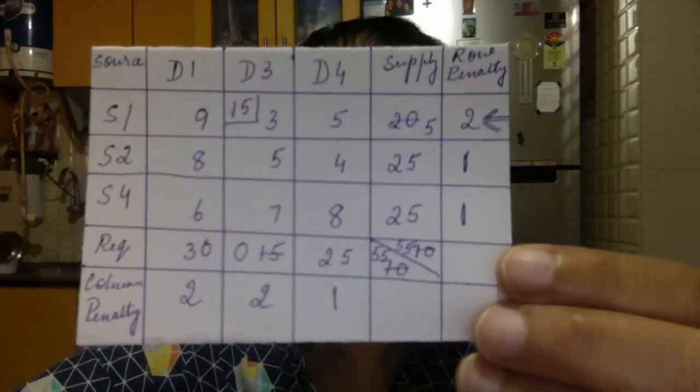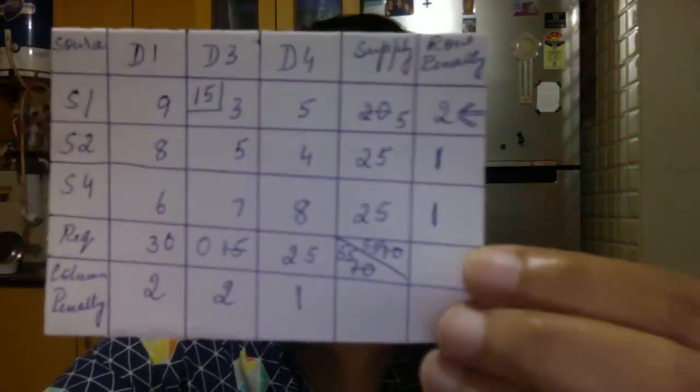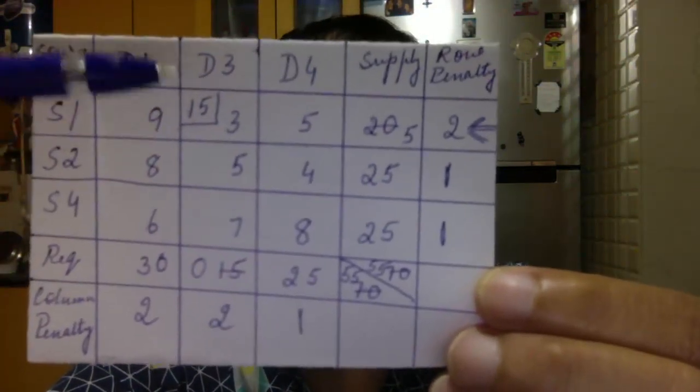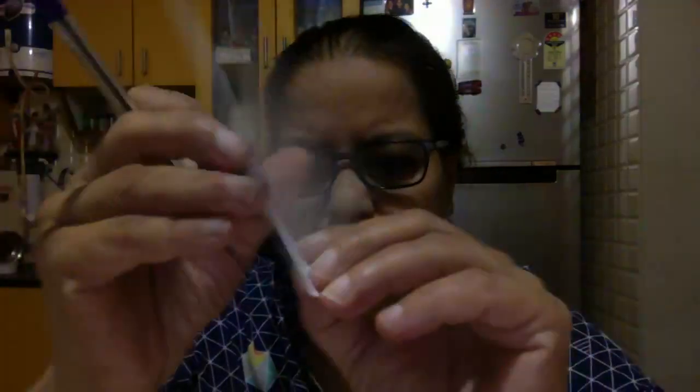Alright, matrix number 3, where everything remains the same, only column D3 will disappear. Rows will remain the same. So let's work out. First column, write source. Last column, row penalty.